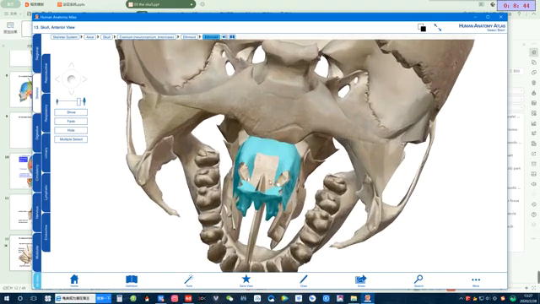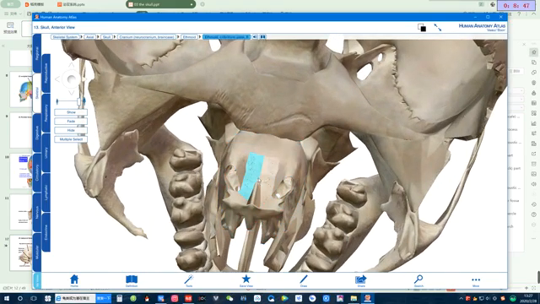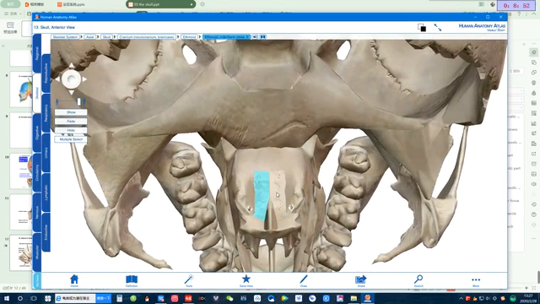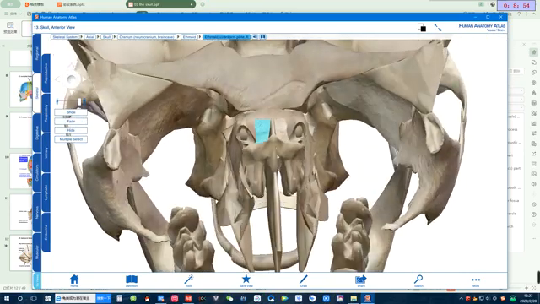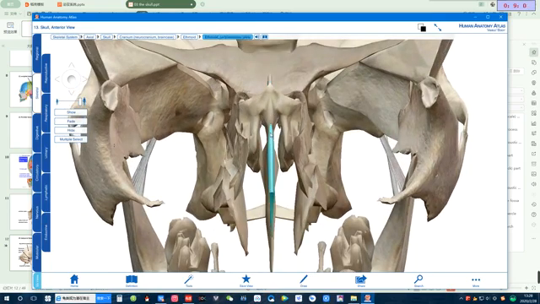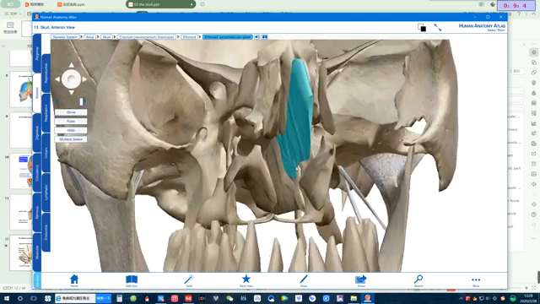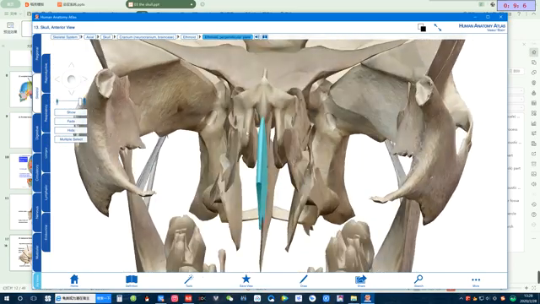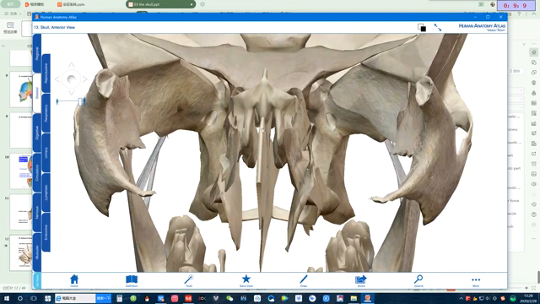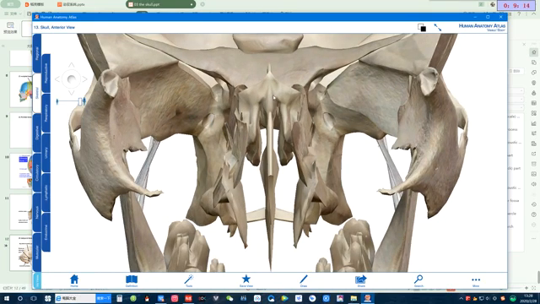Okay, you see here this one is the cribriform plate, the horizontal plate, and this one is the crista galli, and this one is the perpendicular plate or vertical plate. Okay, and on two sides, here and here, is the labyrinth, the ethmoid labyrinth. And you see the perpendicular plate divides the nose into left and right nasal cavity.